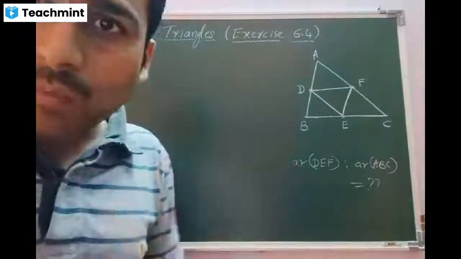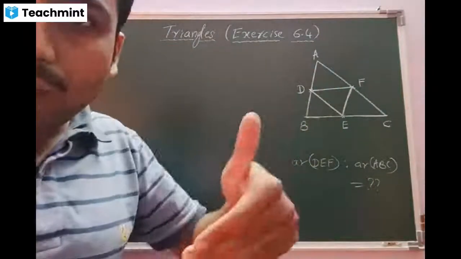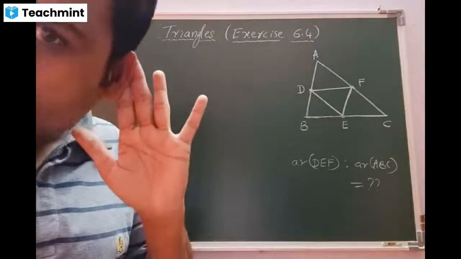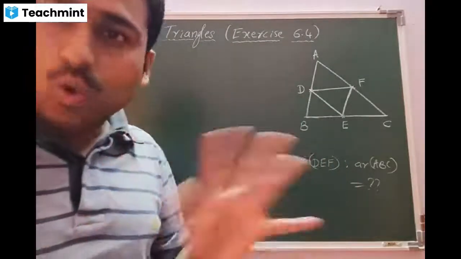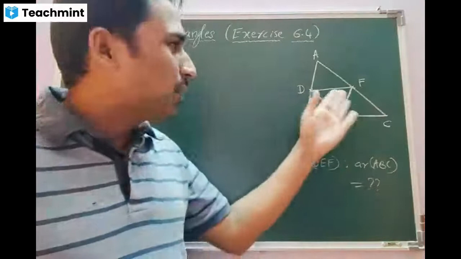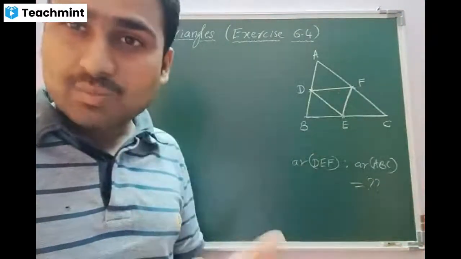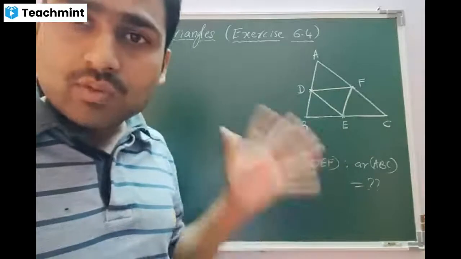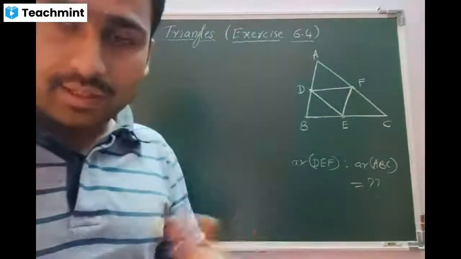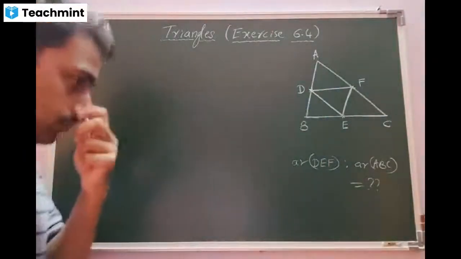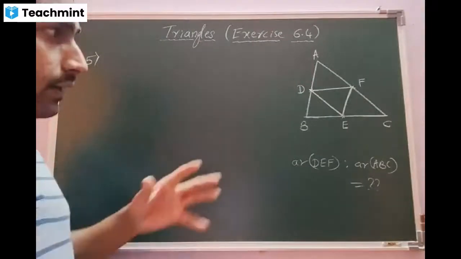Is there any data available to tell the equality of the angles at present? No, not possible, because vertically opposite angles are not going to work, alternate angles are not going to work, corresponding angles are not going to work, because there is no data available at present. Clear?